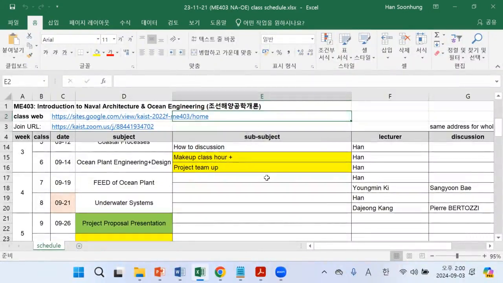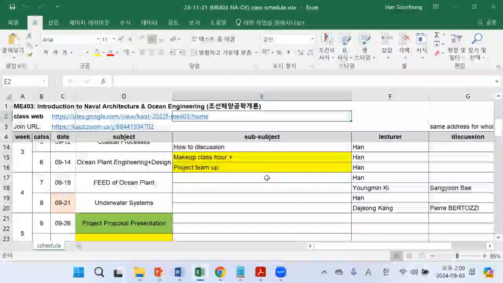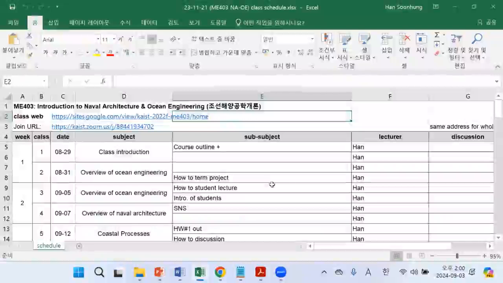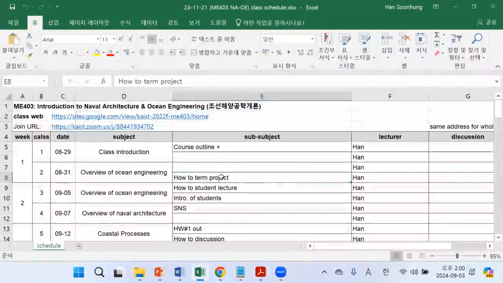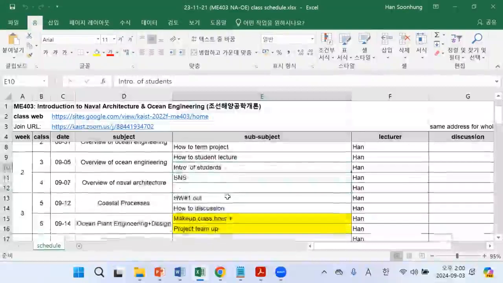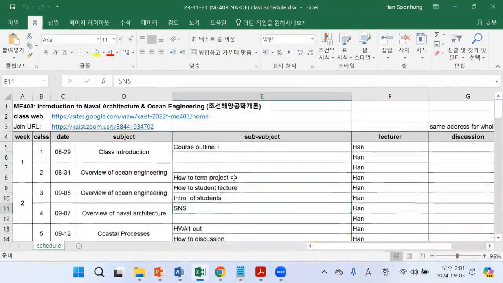One of you lecturing first on my side. And project proposal. Let me show you. How to do the term project will be covered next on Thursday probably, and how the student lecture works, and then you have time to introduce yourself a little bit more than today, and we will make a Kakao group maybe next week, because I know that you can switch class by Monday next week.